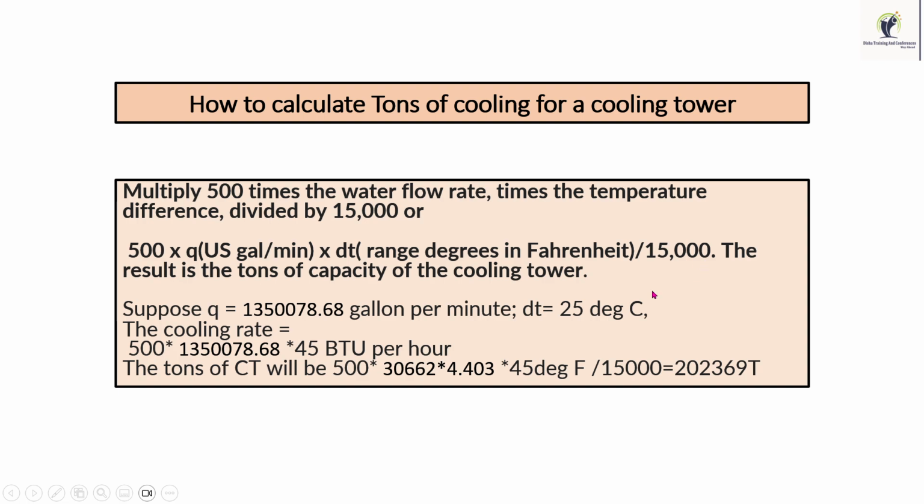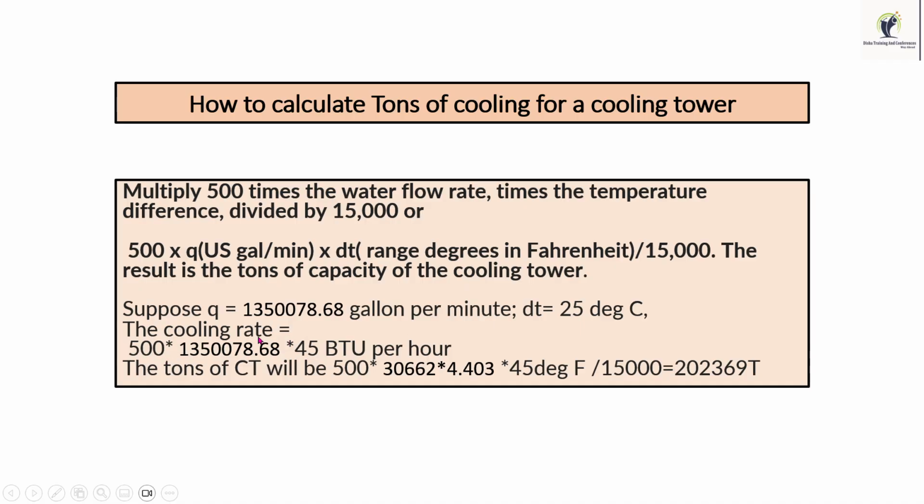Here, this is the quantity in gallon per minute I calculated earlier, and this is your temperature difference. You have to use this formula to find the ton of cooling tower. Cooling tower is specified by unit, specified by ton.